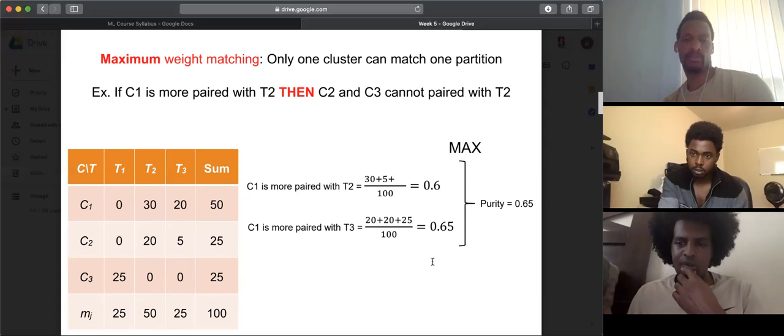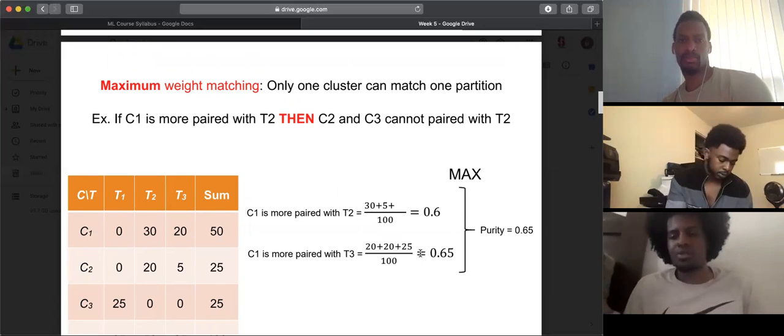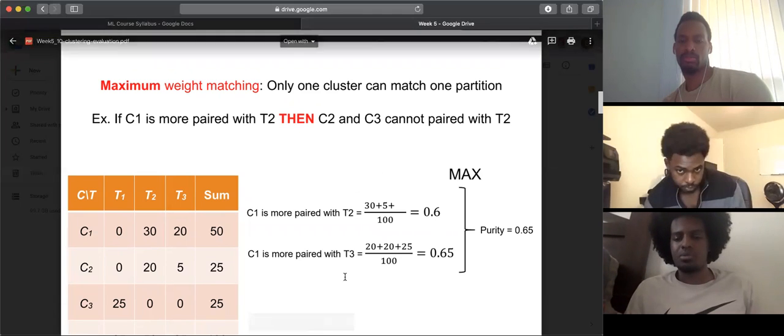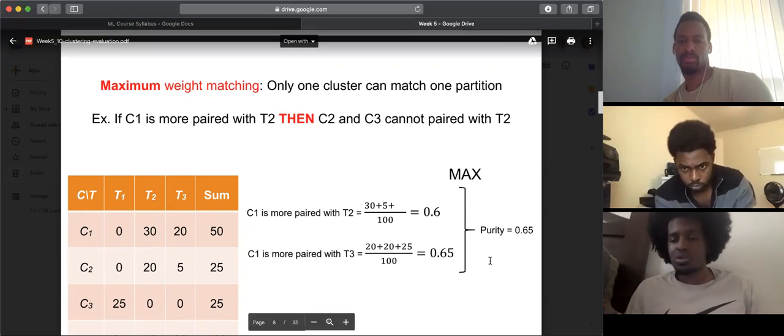I think so. Because you're just using the numerical output to determine whether C1 gets paired with T2 or with T3. And if you look at the purity scores, they are pretty close. Yes, it's 0.6 or 0.65, right?